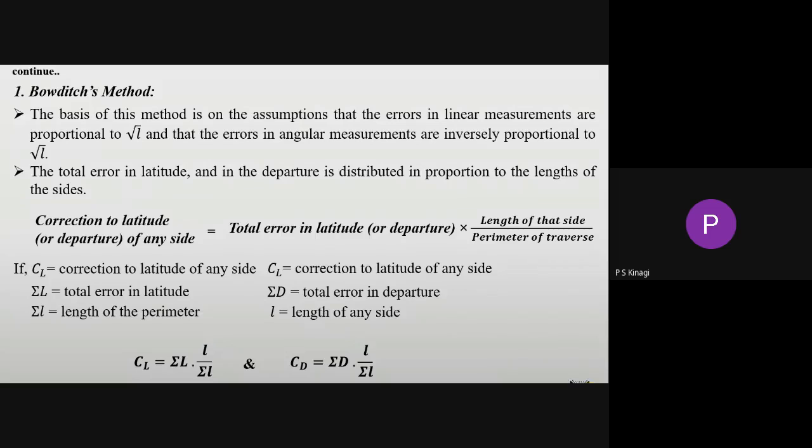Summation of L is the total error in latitude. Summation of D is the total error in departure. Then the last, summation of L, is the length of the perimeter, adding all the lengths of the sides of our polygon. So L is the line length.